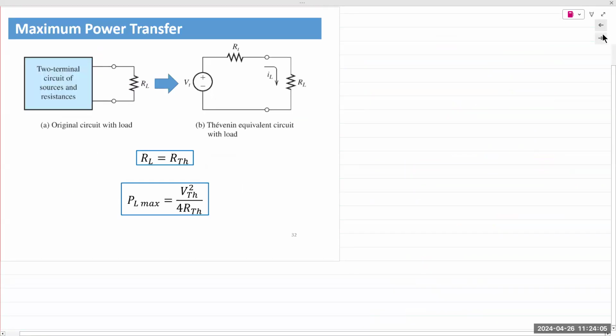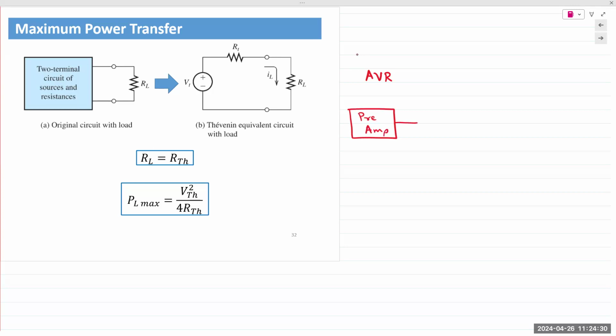Then the next topic is the maximum power transfer theorem. So electronic devices often are comprised of multiple cascading stages of different circuits. I like to use the example of an audio video receiver where you would have a preamplifier stage, more commonly known as a preamp.